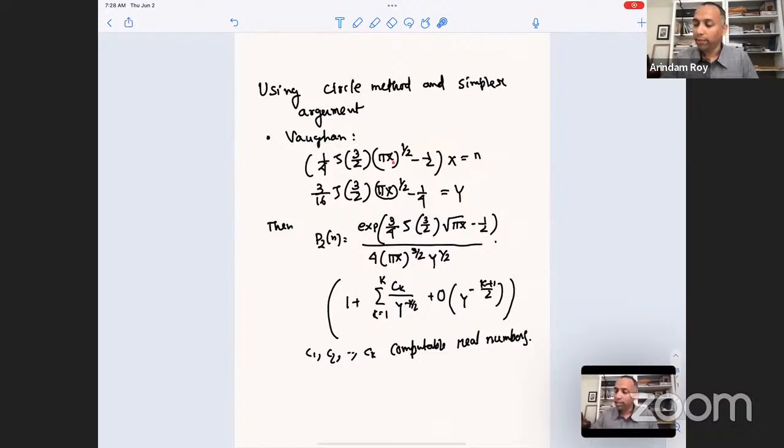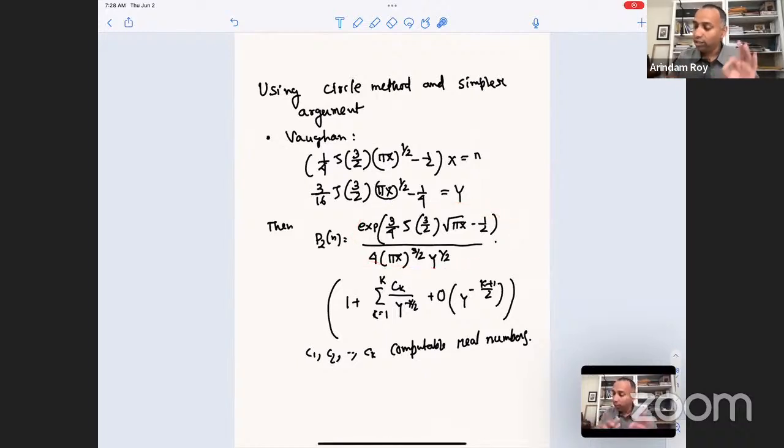So basically, you can think of capital X as some function of n, and capital Y as some function of n, then p2(n) is asymptotic to e to the power 3/4 zeta(3/2) times square root of pi, X minus half over 4 pi to the power 3 over 2, Y to the power half.